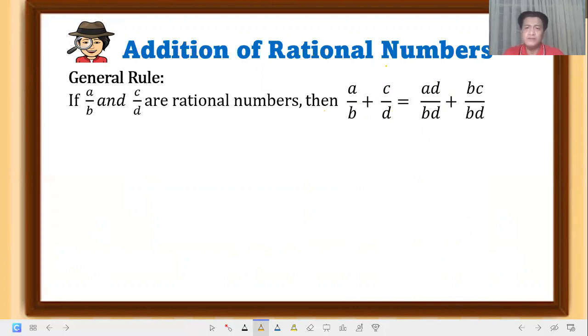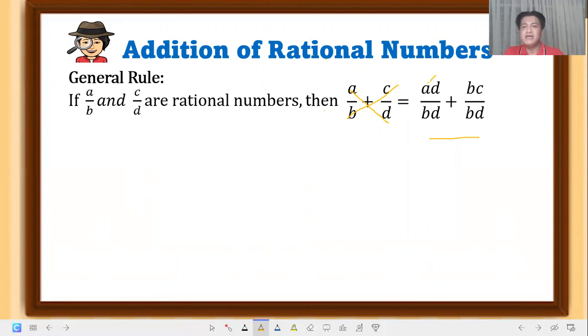Okay, if you are going to observe, saan nga ba nanggaling yung formula na ito? Okay, so cross multiply po natin yung A times D. Okay, remember, nung nasa elementary po kayo tinuturo yung tinatawag natin butterfly method. But we are now in grade 7, you have to learn how to apply this rule natin. So kaya A times D, kaya ito yung AD.